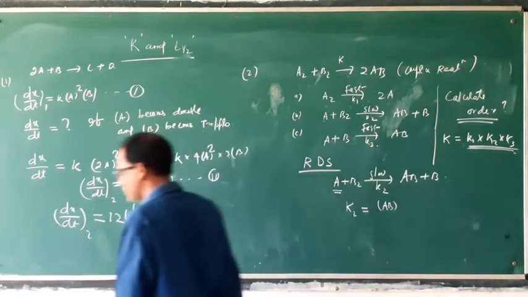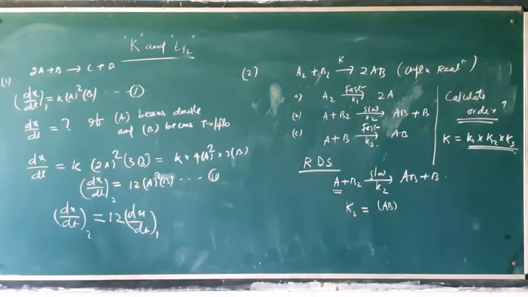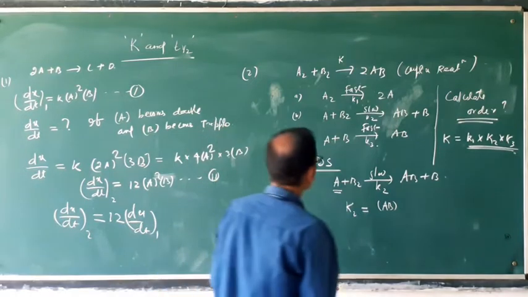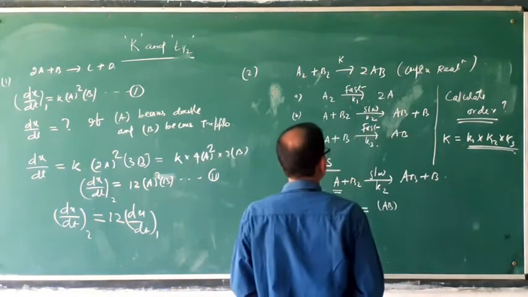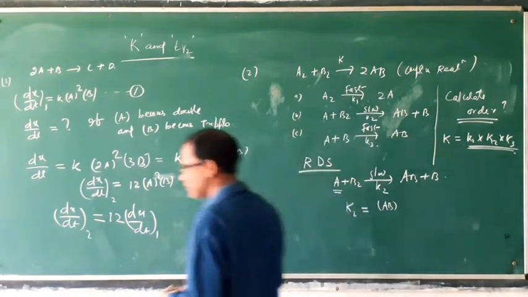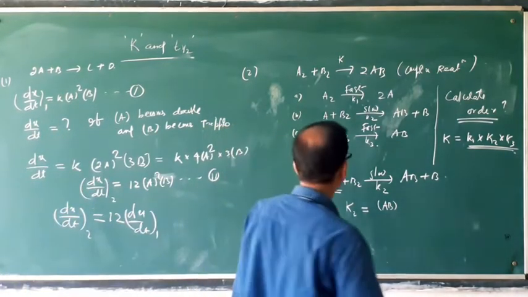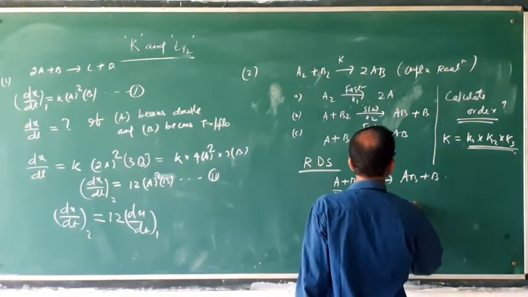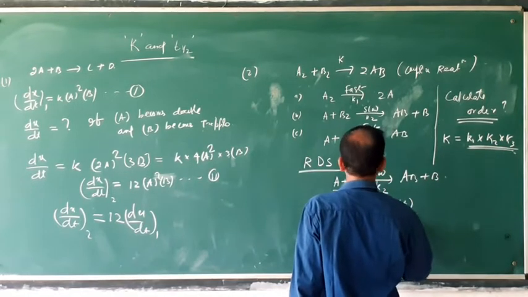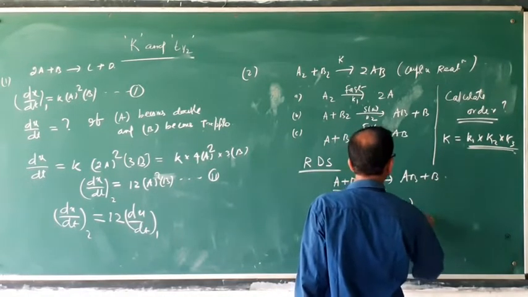We can write this in this way also. K2 is equal to AB into B upon A into B2.